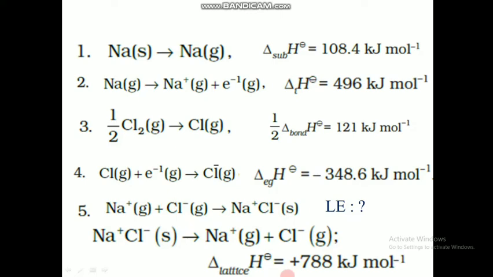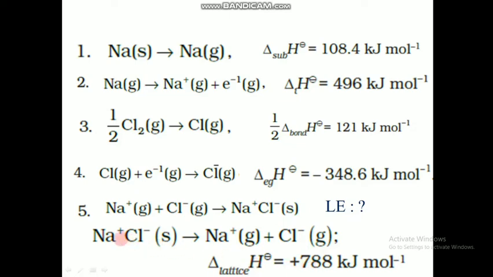In both cases we will have the same amount of energy, but just the sign will change. So lattice enthalpy can be found in both cases, where the lattice breaks down into ions and where ions combine to form the lattice. In the formation reaction the sign will be negative, as it is a combination or lattice formation reaction. But lattice dissociation means we get a positive value.